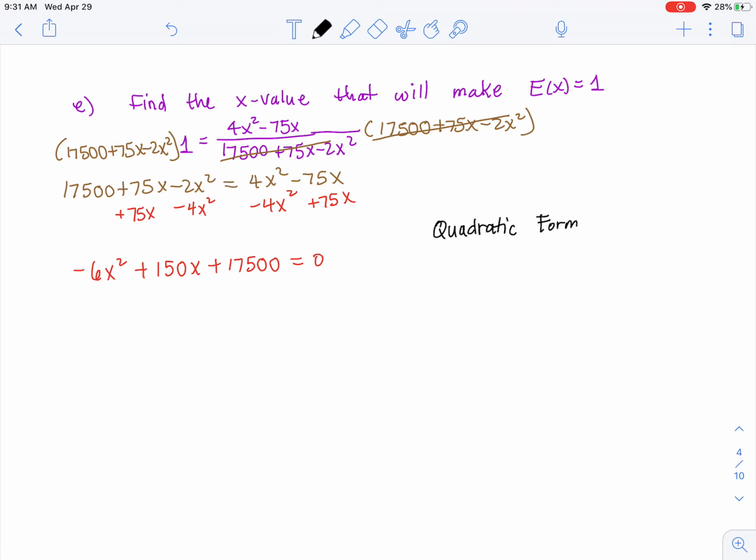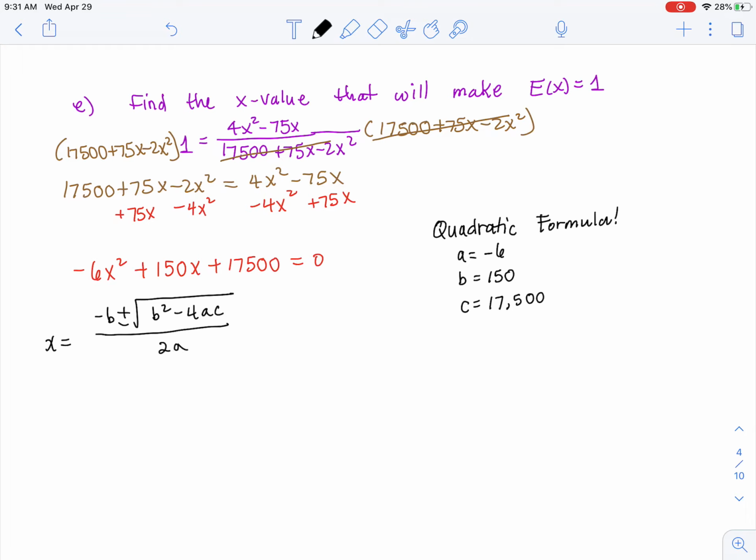Quadratic formula. What's A? A is negative 6. B is 150. And C is 17,500. So X is equal to negative B plus or minus square root of B squared minus 4AC, all divided by 2A.